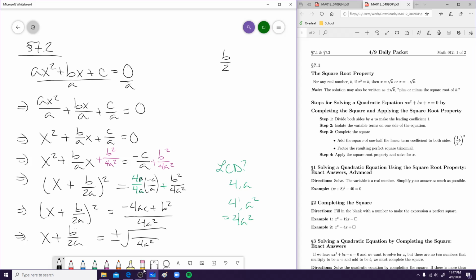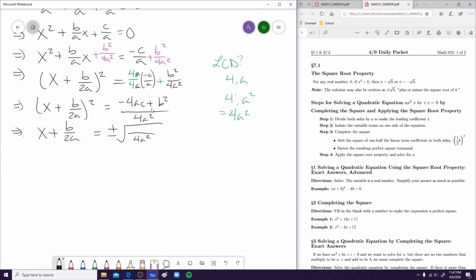Remember that addition is commutative, so I can rearrange these terms as b squared minus 4ac. Now we're going to subtract b over 2a from both sides, and we will get negative b over 2a plus or minus the square root of b squared minus 4ac over 4a squared.